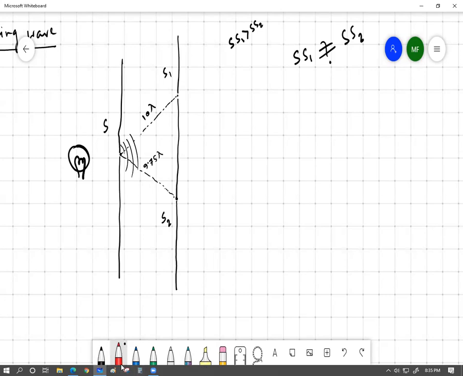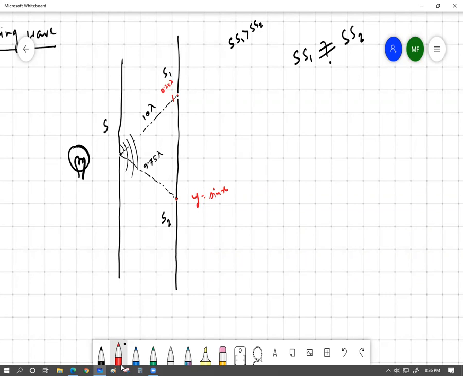So when this wave reaches exactly over here, I'm going to name this wave y equals sine x. This wave is still 0.25 lambda behind the other one.